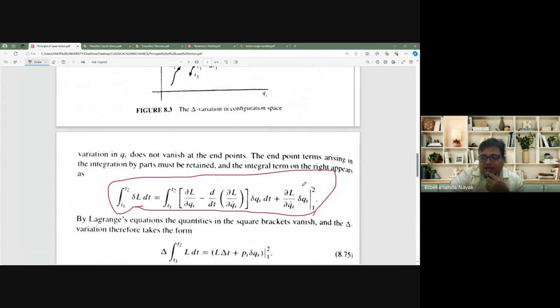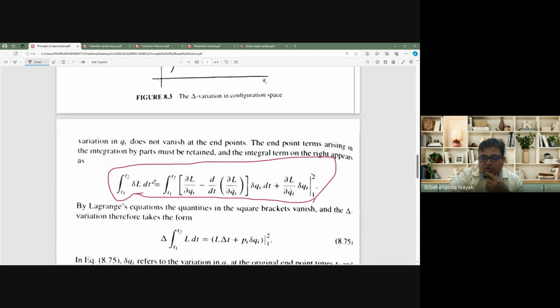When we derive Lagrange's equation from Hamilton's principle, delta L dt is equal to this one: del L by del qi minus d/dt of del L by del qi dot. For the exact path this is 0, and this bracketed term is 0. This is your Lagrange's equation.